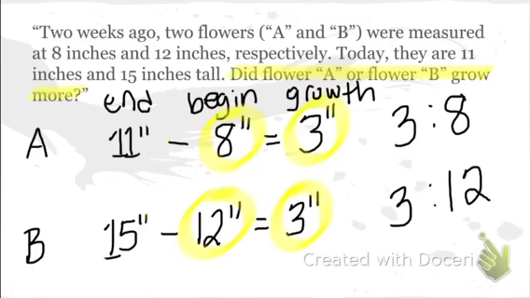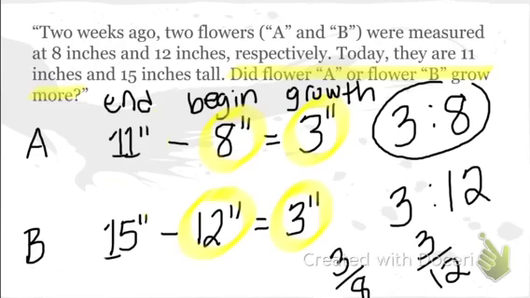So what we can look at then is we can say that 3 over 8, or 3/8, compared to 3 over 12, or 3 to 12, because when you look at a ratio in this term, the ratio and fraction are similar numbers.